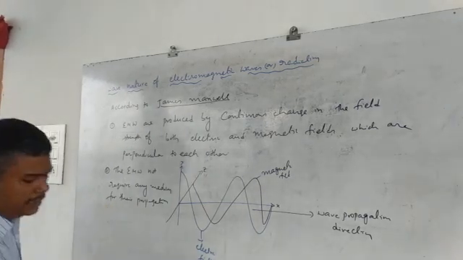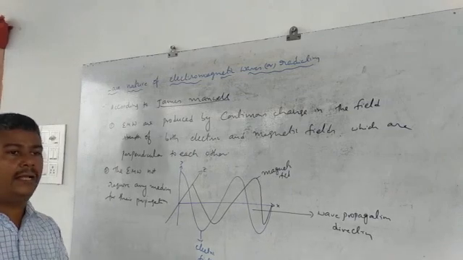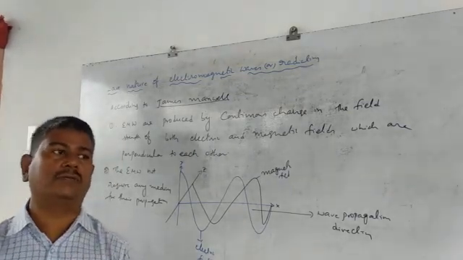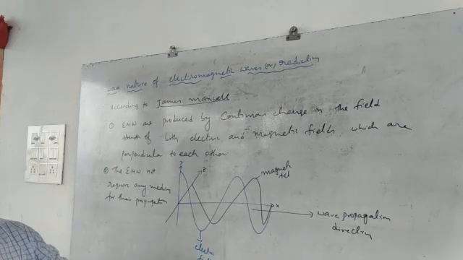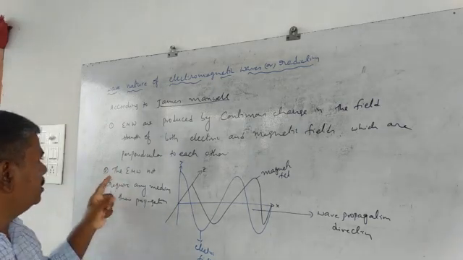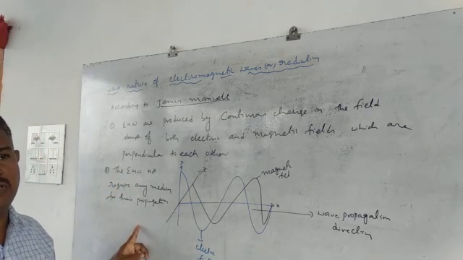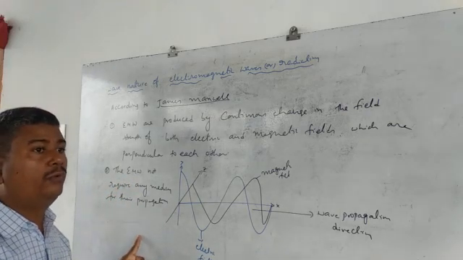That is the second most important point. The remaining waves, like mechanical waves, sound waves or transverse waves, require a medium. Whereas electromagnetic waves do not require any medium. That means these waves can also be transmitted through vacuum.